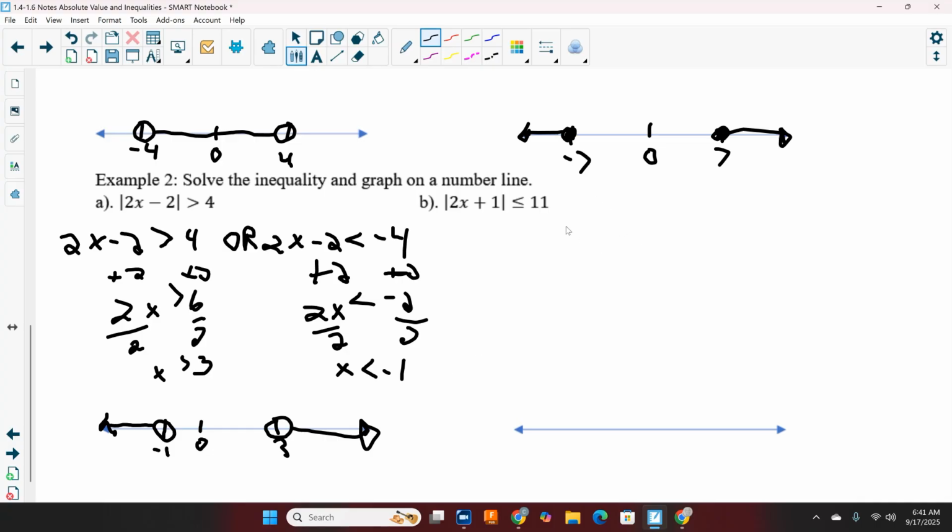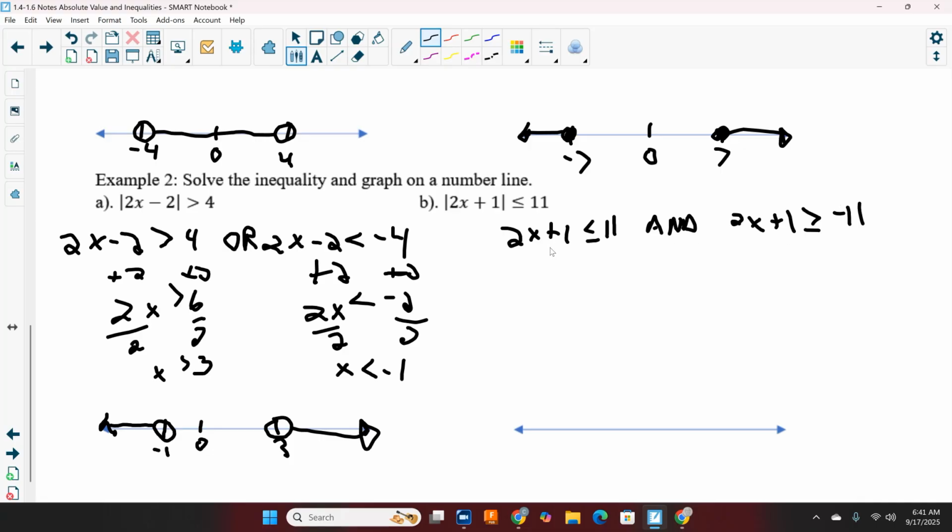Okay, same thing with our other one, example 2b. 2x plus 1 is less than or equal to 11, and 2x plus 1 is greater than or equal to, flip the sign of the number, -11.